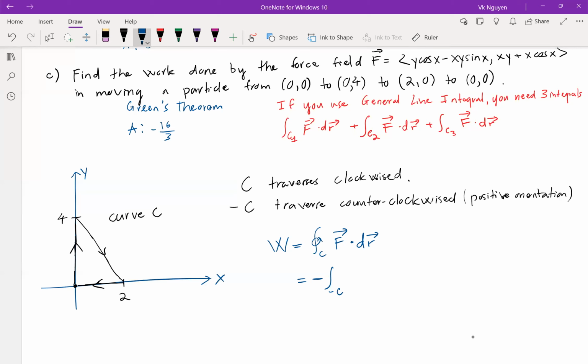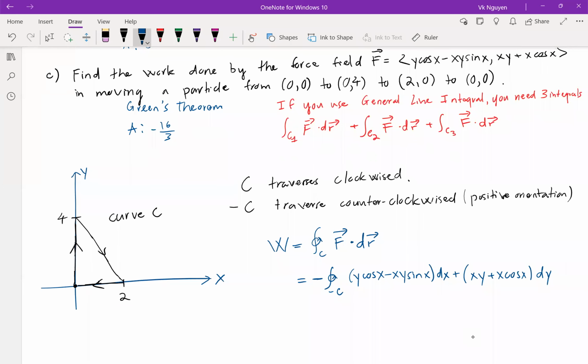You integrate over negative C instead of C, and it's going to be P dx plus Q dy.